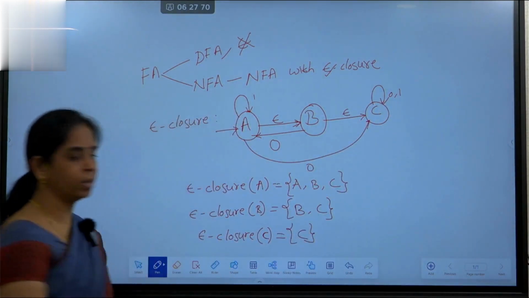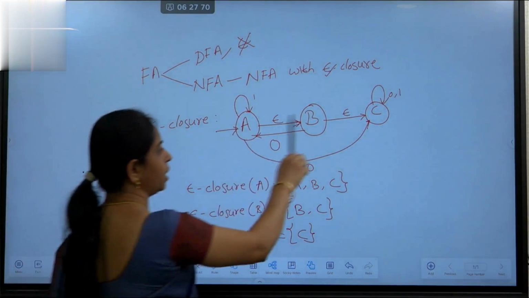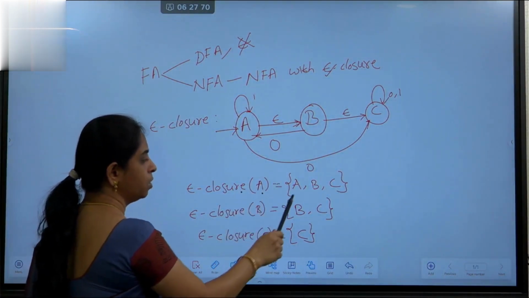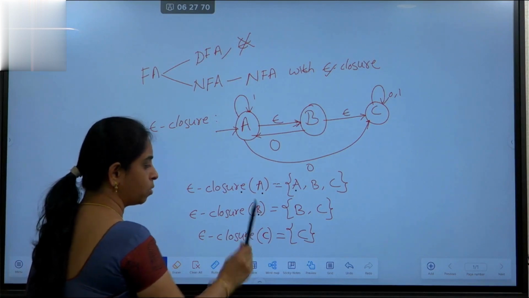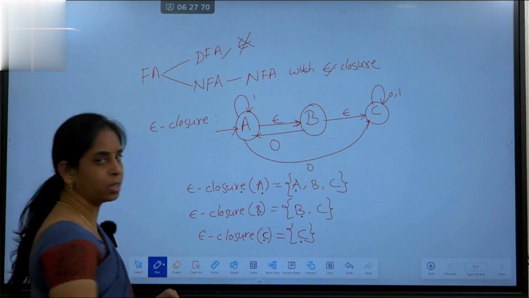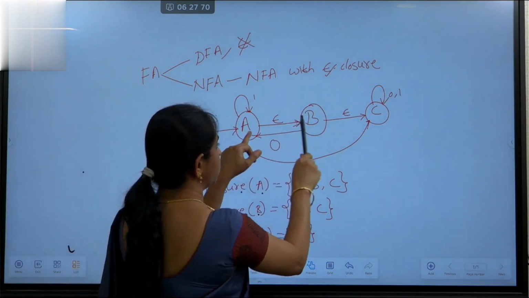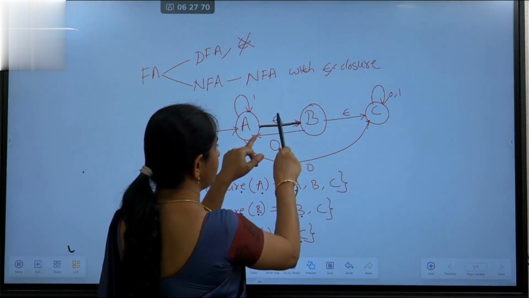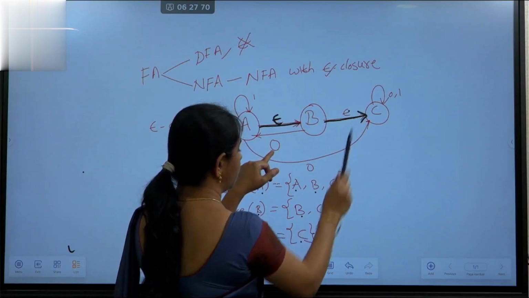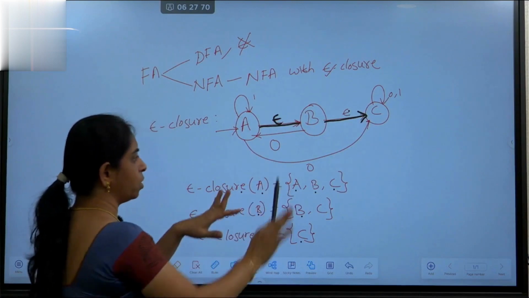Like that we have to identify the epsilon closure for all the states A, B and C. Once again, remember that the epsilon closure of A includes the same state itself, and likewise for B and C. So for the epsilon closure of A, from A we can move to B with the epsilon transition, so I am writing B. From B to C, again moving through the epsilon transition to C. From C we are not moving anywhere, so we have stopped.